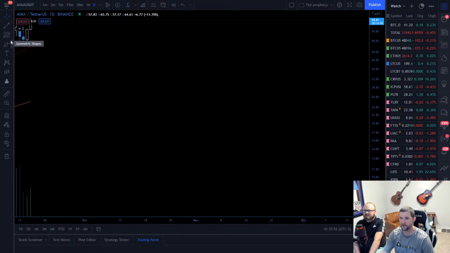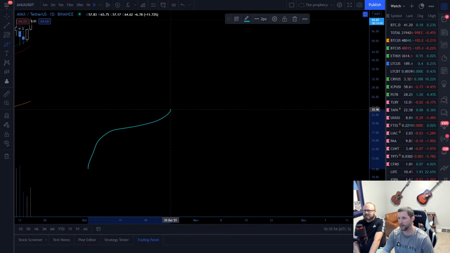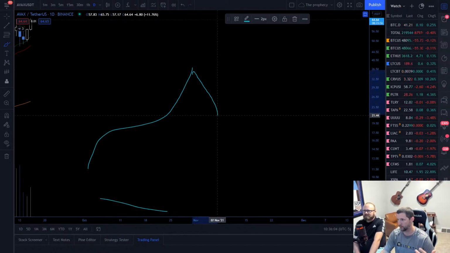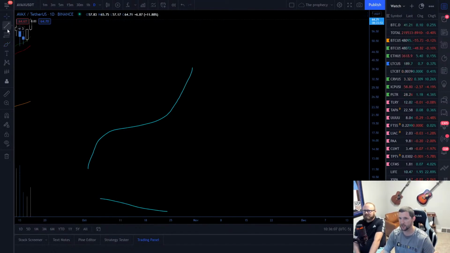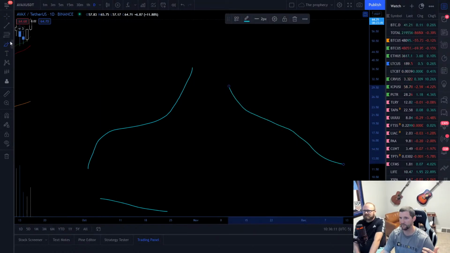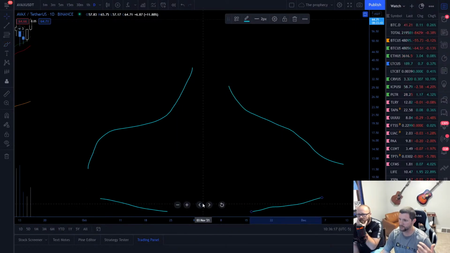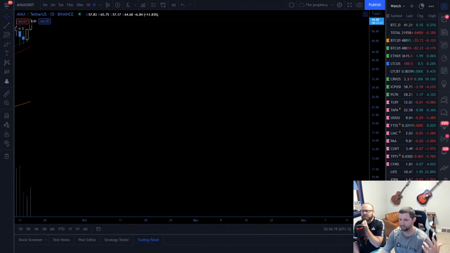If you have price going up and your volume is going down, that is a bearish divergence and you would expect a pullback. Vice versa, if you have price going down and volume is increasing, that's going to be a bullish divergence. Obviously, there's more to it, but that's the gist of it.